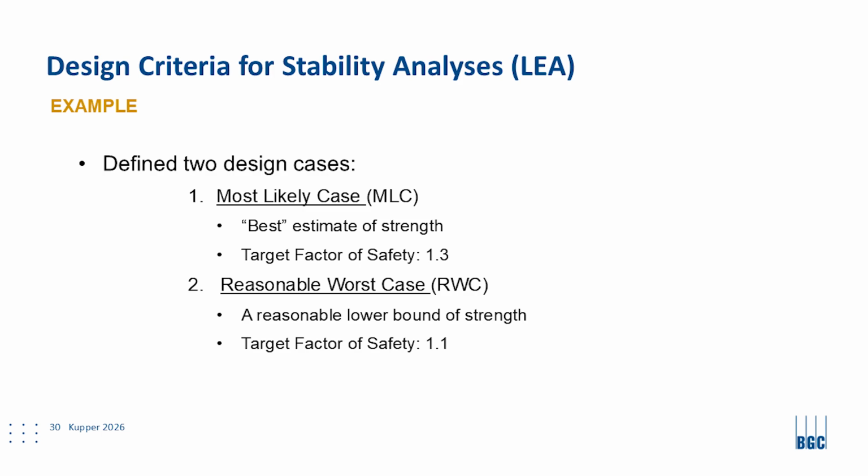How bad could this be? Not the worst situation possible, but a reasonable worst case that could happen. And then you design for a lower factor of safety. You probably don't want to do 1.0, but if you do the lowest bound, maybe that's your number, but usually you give a little margin of safety because our design methods are not perfect, right?